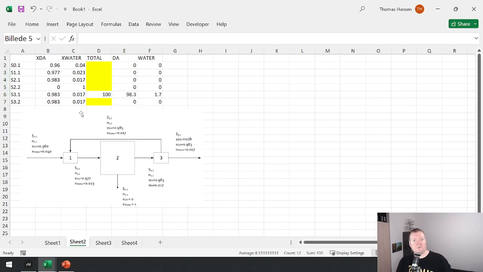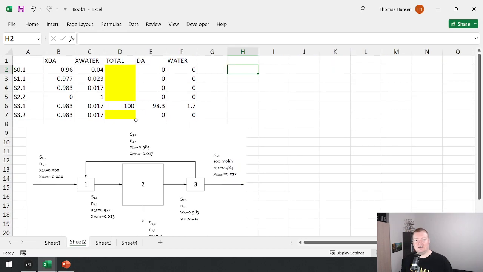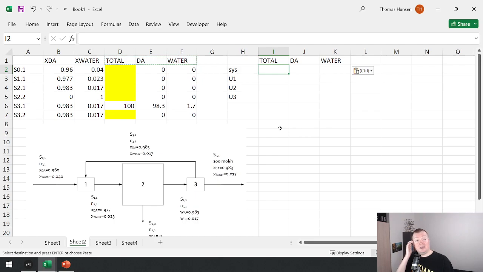There we go. And now I want to start to set up the different equations that are possible for this system. So I'm going to do it systematically and say I have for my total system, unit 1, unit 2, unit 3. And for all of those, I could set up a total, a dry air, and a water balance.